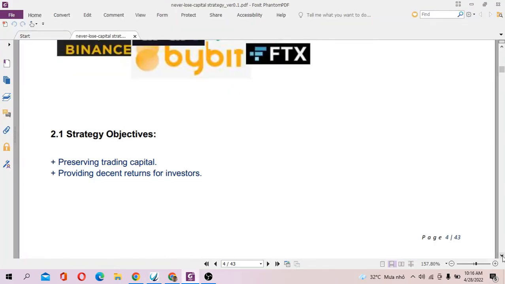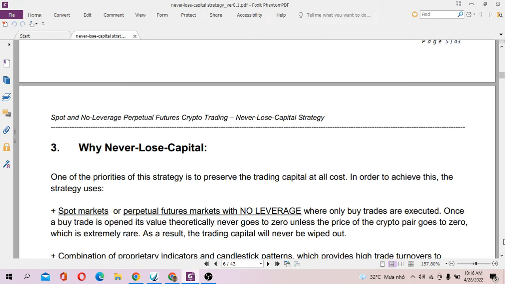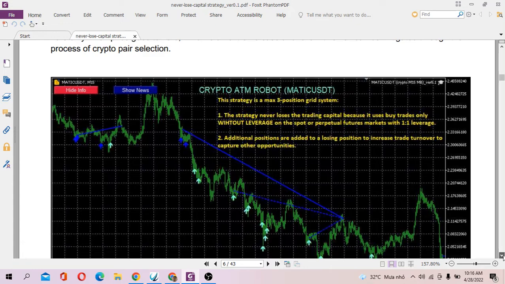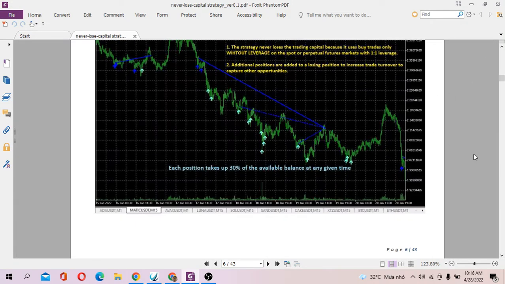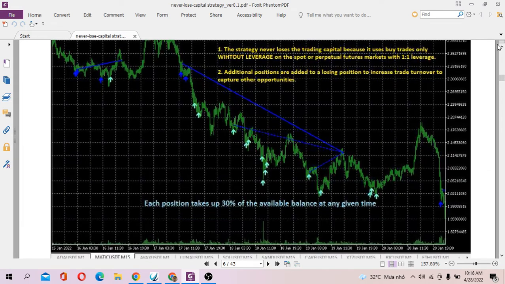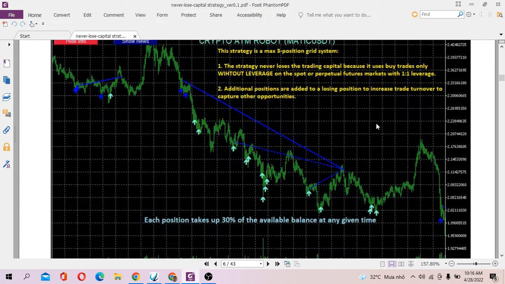Next, I'm going to explain why the strategy never loses trading capital. The strategy never loses trading capital because it takes only buy trades, no sell trades involved, and it trades in the spot markets or futures markets without leverage.